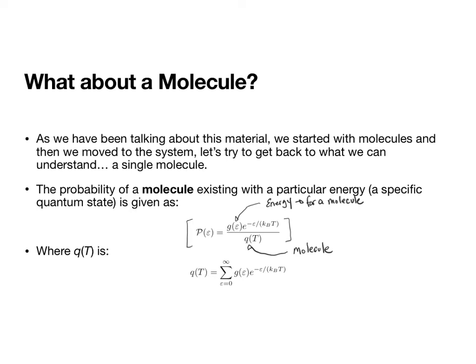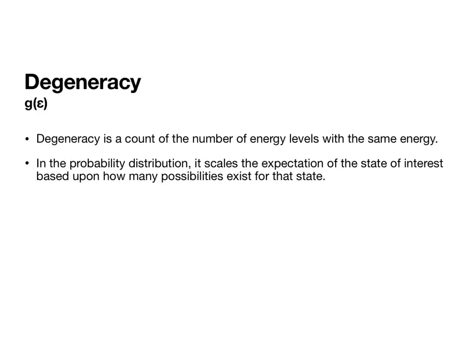And q of T is going to be defined in a very similar form as what we had before. But this time we have, before we had this omega of E times e to the minus E_i over k_B T, now we have this weird g of epsilon times the same energy function. We're going to talk through that. So this g of epsilon is known as the degeneracy.